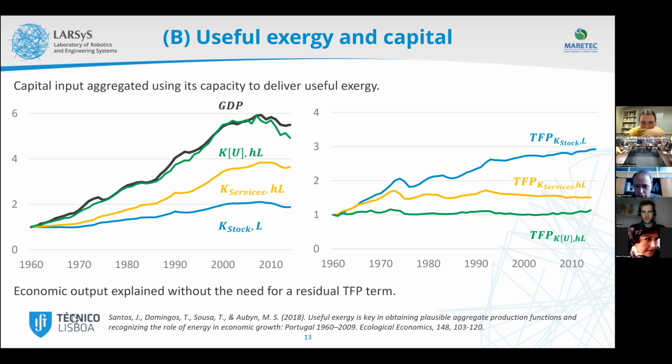That's what you use a machine for. Think about any machine, and what they are always doing is converting energy and delivering a useful exergy flow. And then the dramatic thing you see here is this green line, where we're still using human capital corrected labor, but now capital is no longer measured in monetary terms as economists do, but is measured in terms of the useful exergy it delivers.